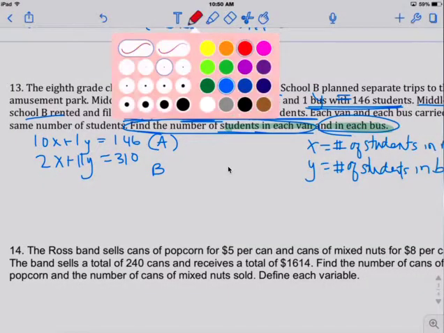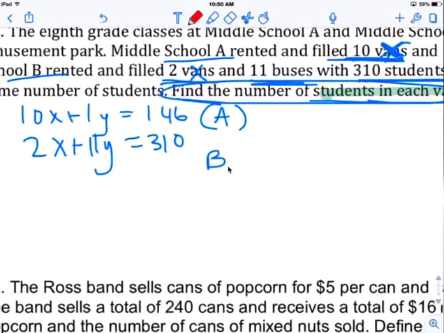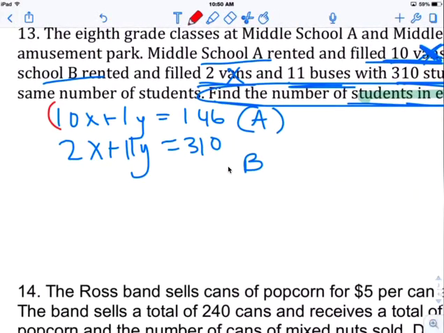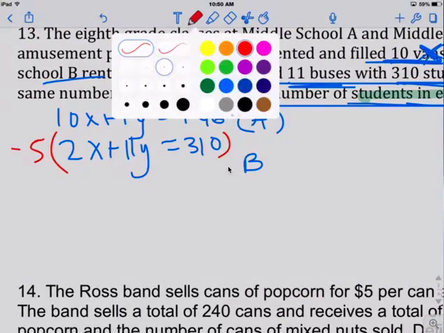Okay, I would use elimination. I would multiply all this by, no, change my mind, multiply this all by negative 5. We're going to get rid of this 10. It doesn't matter which one, okay?